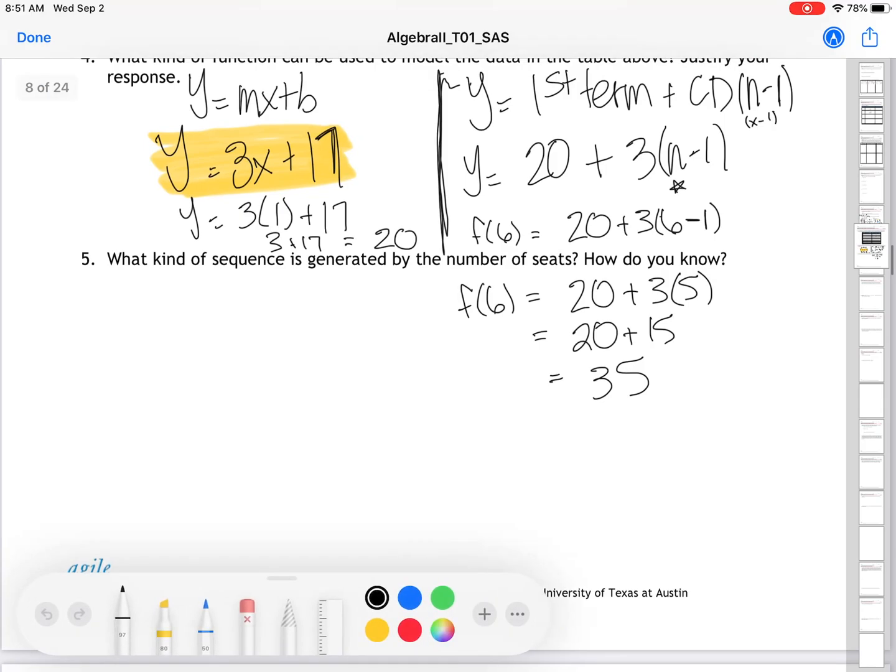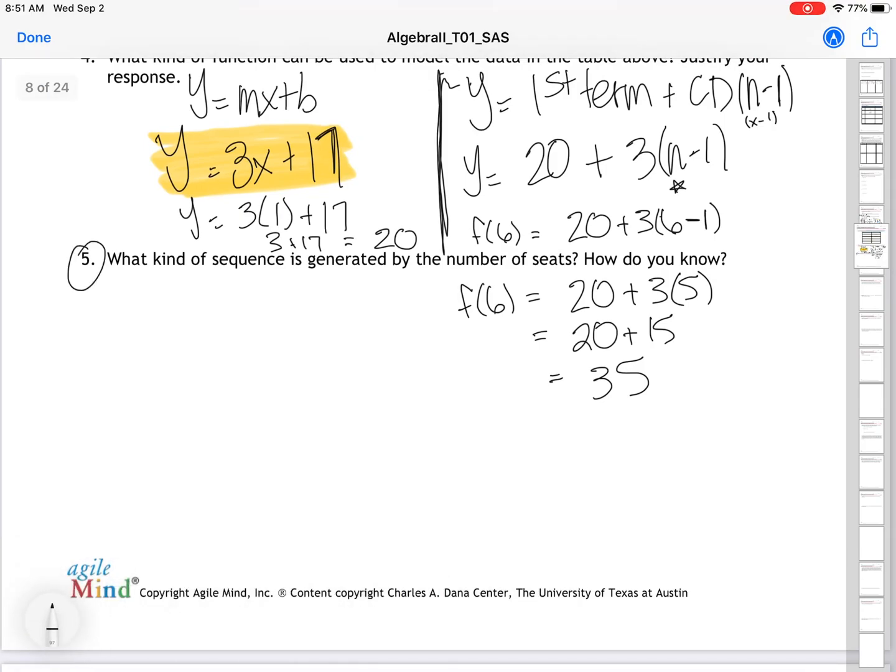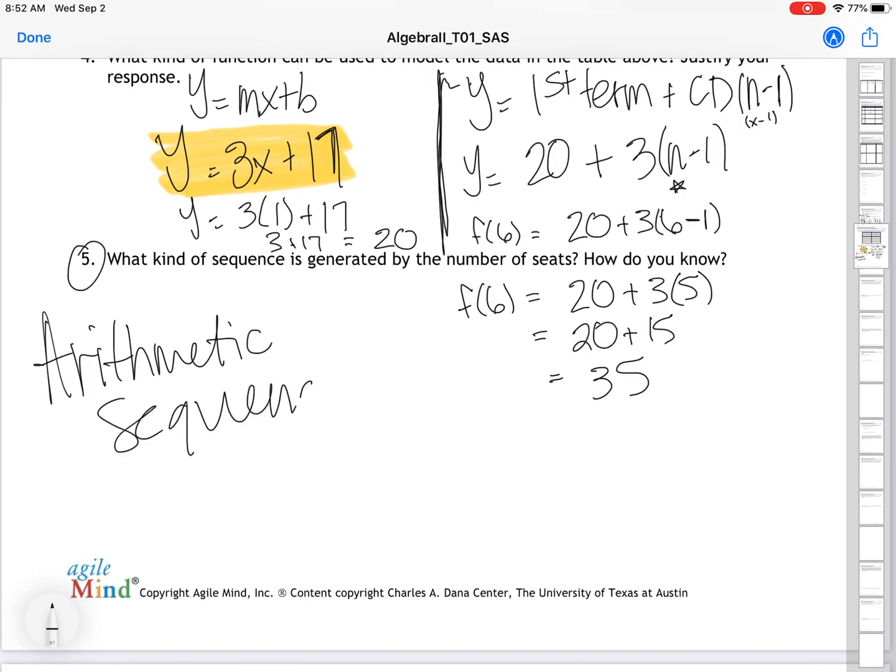All right, on number 5, okay, right here, it says what kind of sequence is generated by the number of seats? Well, what are we learning today? We're not learning about geometric. We're learning about arithmetic. So we have arithmetic sequence, okay? How do we know that?